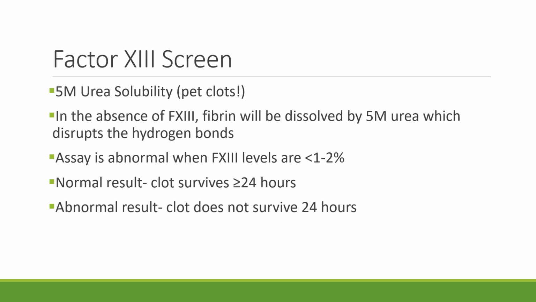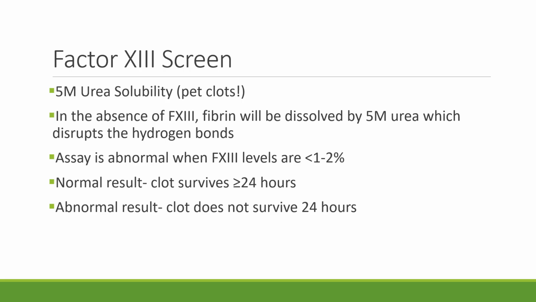All right, so if you recall, we did talk about factor 13. Factor 13 cannot be measured or evaluated through the PT or the PTT. So we use a factor 13 screen, essentially where we stimulate coagulation to form clots in vitro, and then we expose that clot to a 5 molar urea solubility test.